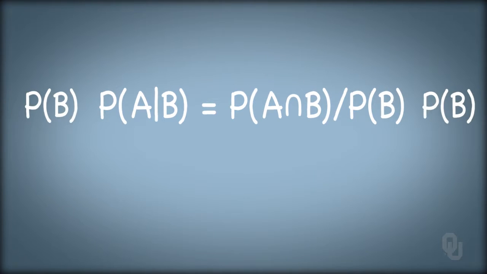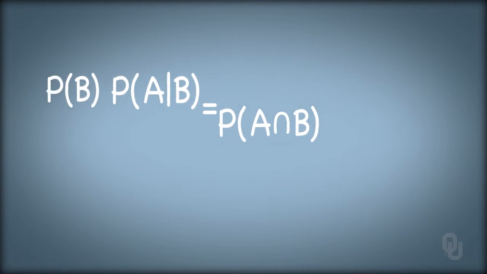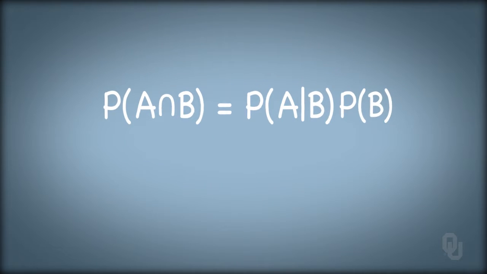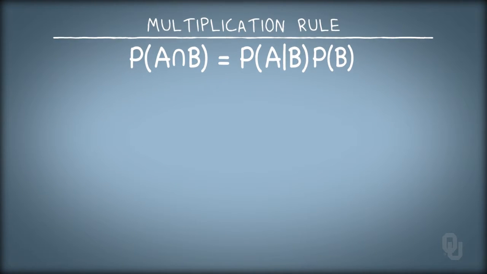If we multiply both sides of the equation by the probability of B, we get that the probability of the intersection of A and B is the conditional probability, the probability of A given B, multiplied by the probability of B.